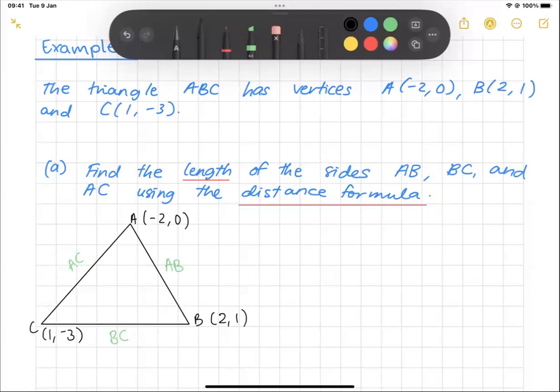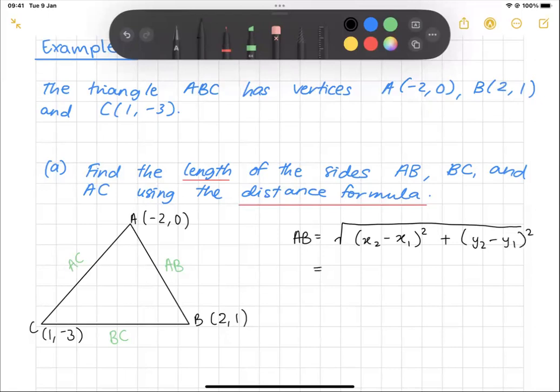So now let's start off with the length of AB. Before doing this, I'm going to write my formula, as I've said multiple times before, so that you can get used to it. I'm going to write down square root of x2 minus x1 whole squared plus y2 minus y1 whole squared.